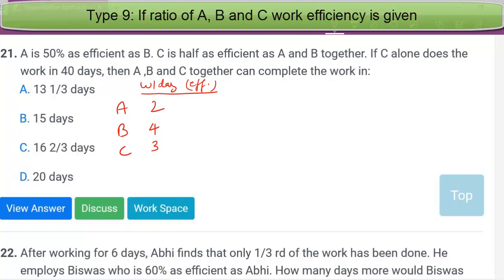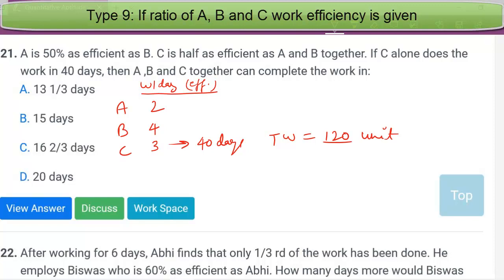Right, now it is said that C alone does the work in 40 days. So C is doing 3 work per day and alone doing the work in 40 days. So that means total work is equal to 40 into 3, that means 120 units, right? Now you have been asked when A, B and C are working together, in how many days can they complete the work.